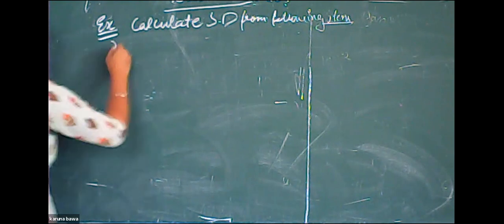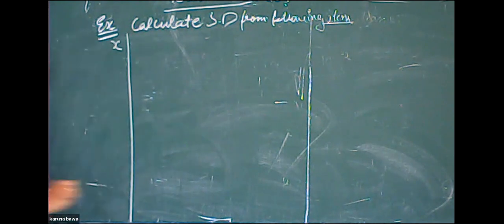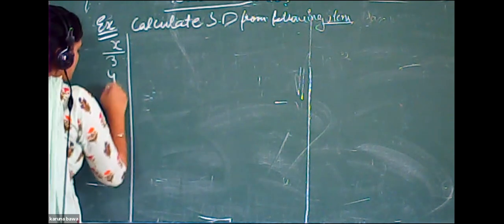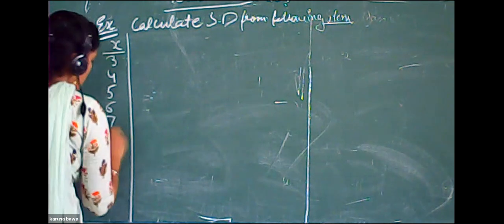Basically, x is 3, 4, 5, 6, 7, 8, and 9.